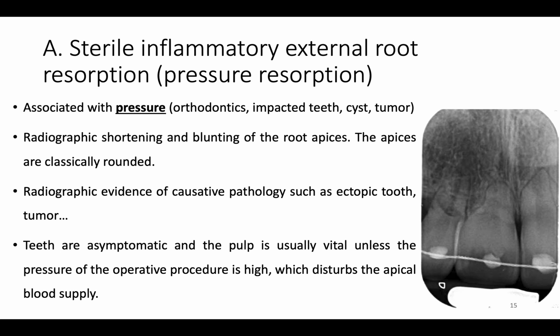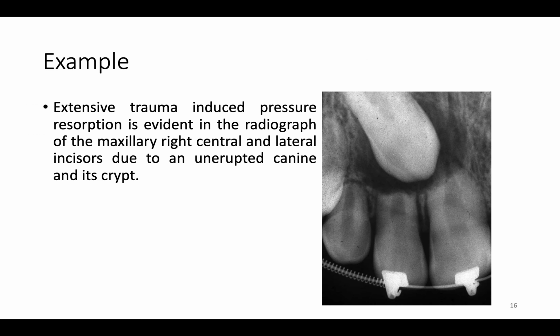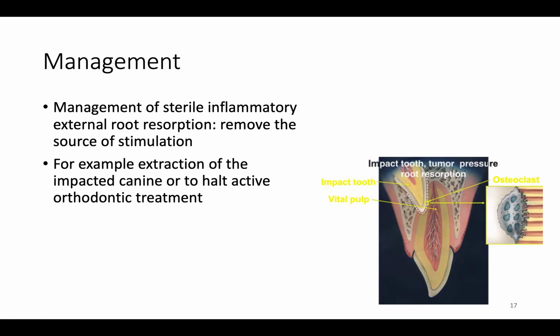And apical periodontitis will develop. So in this example, you can see the ectopic canine putting pressure on the central and lateral incisors and causing sterile inflammatory external root resorption.